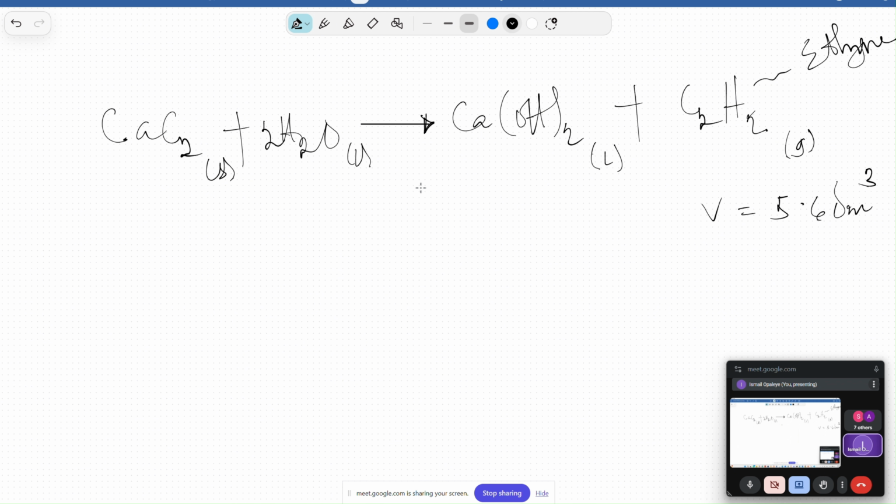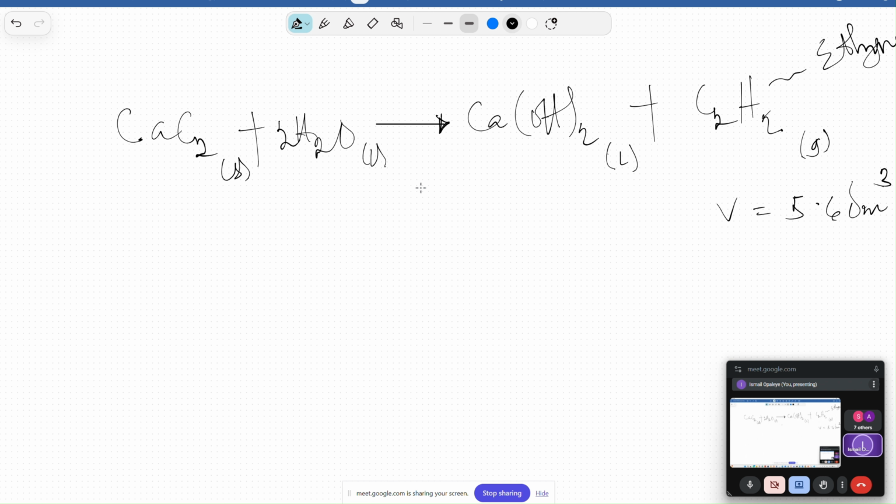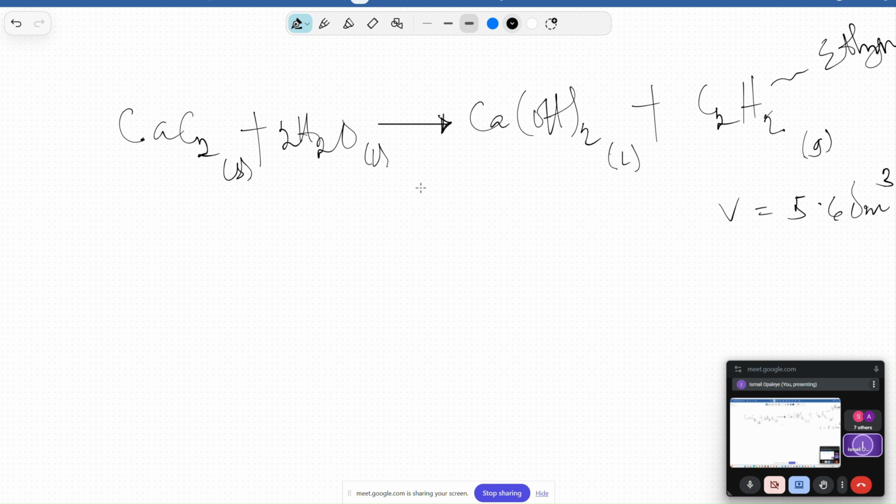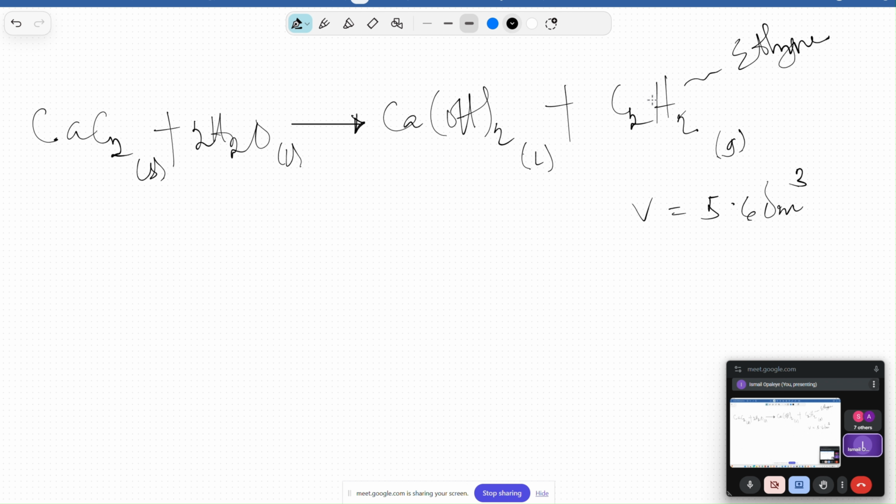Remember, from a balanced chemical equation, you can simply predict in what direction the reaction is going. Here, this shows that 1 mole of calcium carbide is reacting with 2 moles of cold water to form 1 mole of slaked lime, that's calcium hydroxide, and 1 mole of ethyne, the gas.